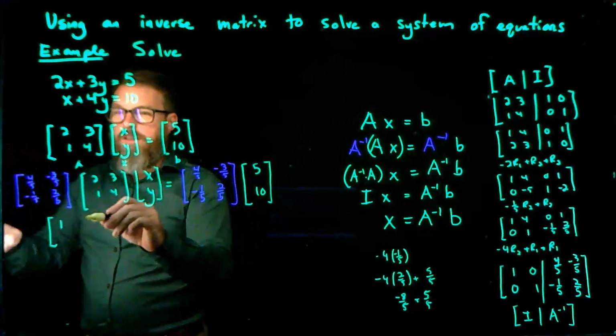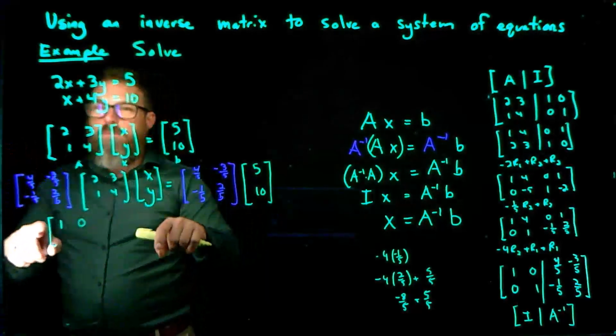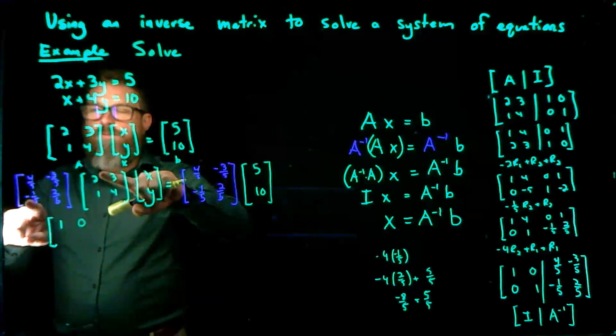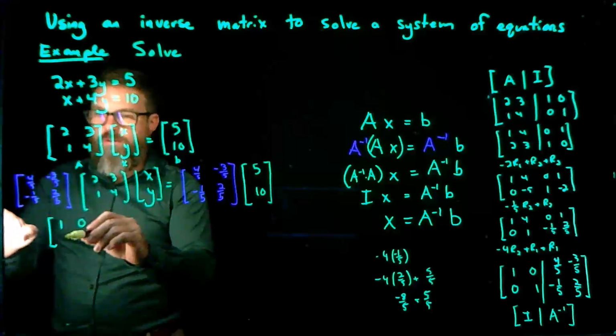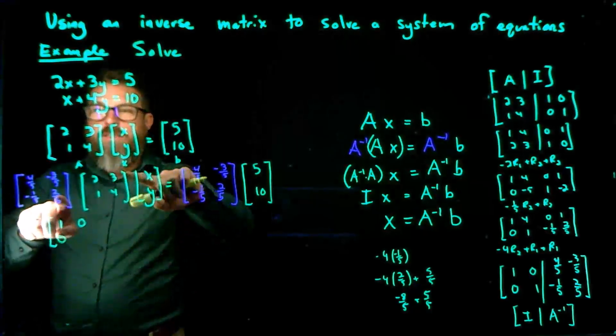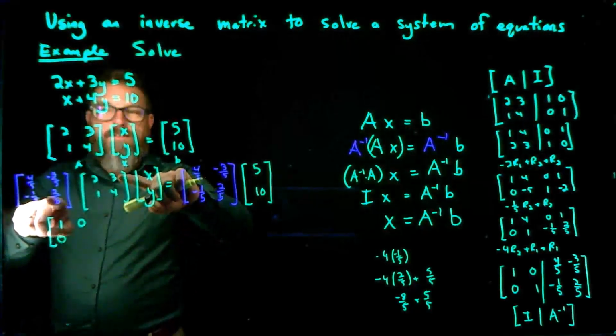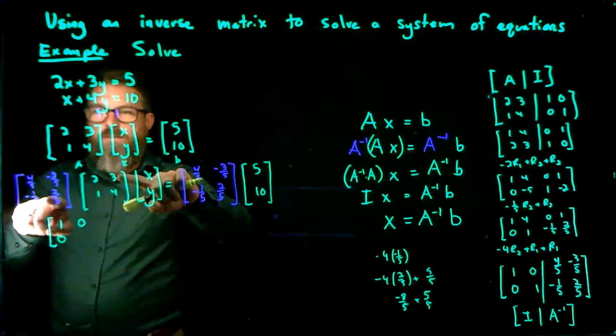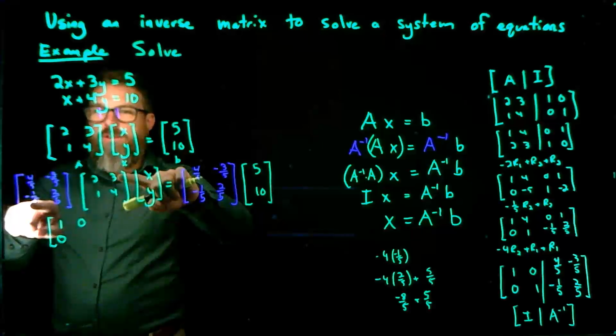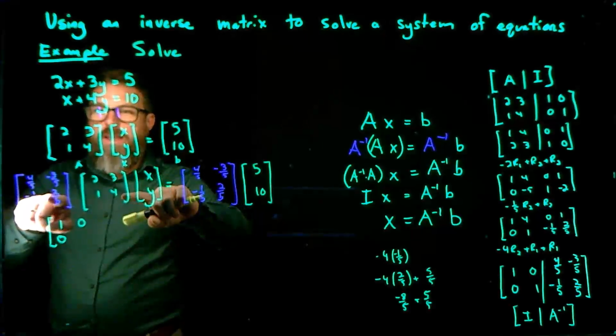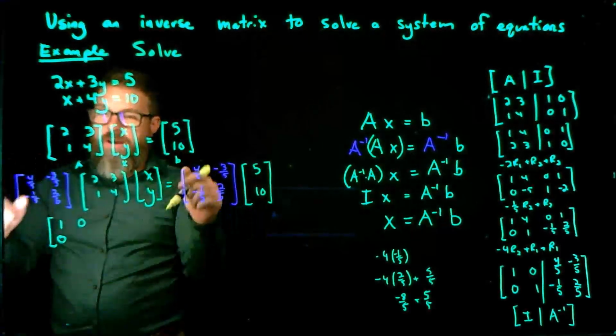Minus 12/5 is 0. Over here, now second row, first column. This would be minus 2/5 plus 2/5, which is going to be 0. And then the same thing here. Sorry, my bad. This is going to be minus 3/5 plus 8/5, which is going to be 5/5, which is 1.